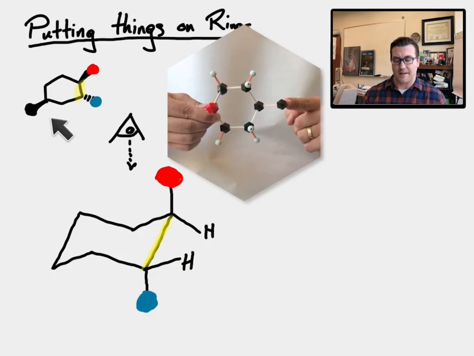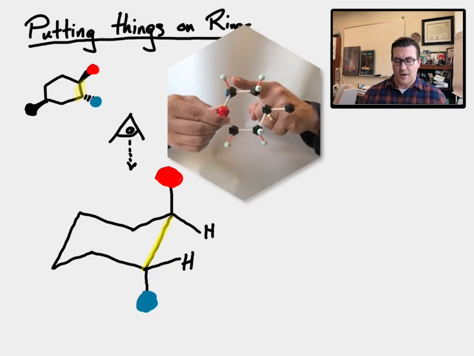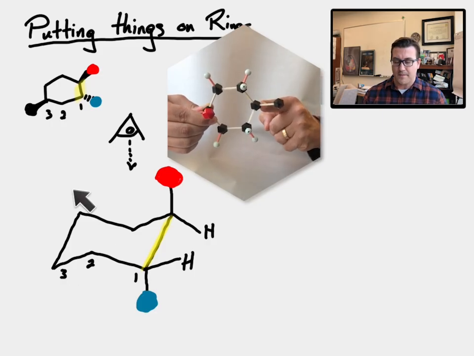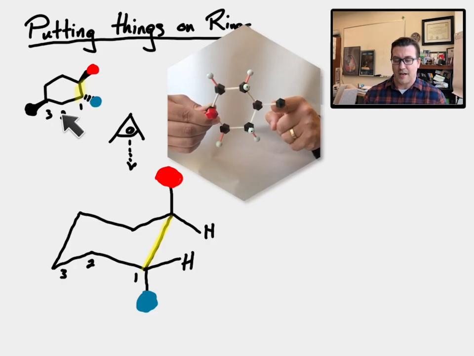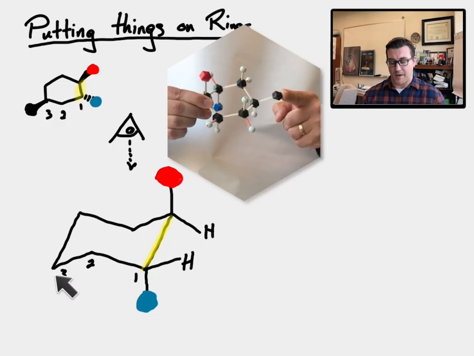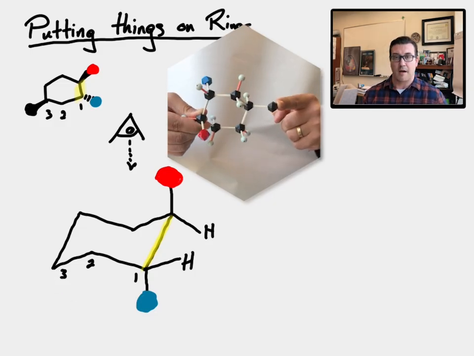Now, if we look at the carbon over here, we have to count around the ring, 1, 2, 3, and we can go, in this case, clockwise around the ring. And we find that the black bonded ball is on this third carbon away from the blue.